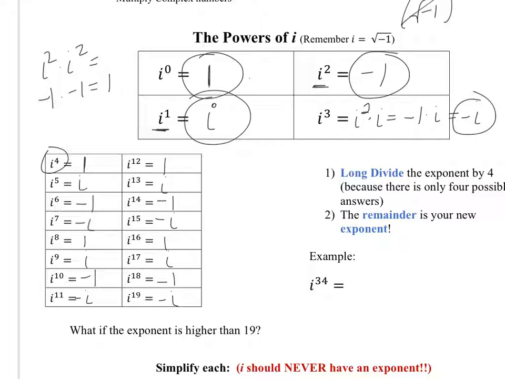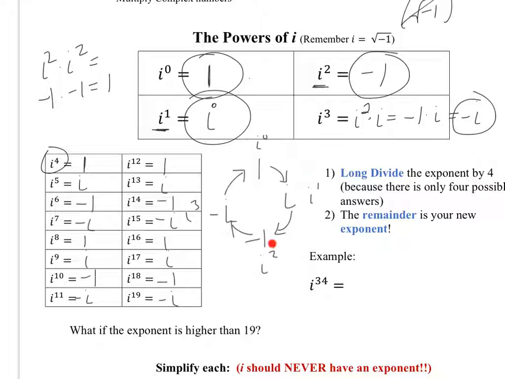You can think of it as a circle, and every time you do a different power, this would be i to the 0, i to the 1st, i to the 2nd, i to the 3rd, and i to the 4th, 5th, 6th, 7th, 8th, 9th, 10th, 11th, 12th, etc.